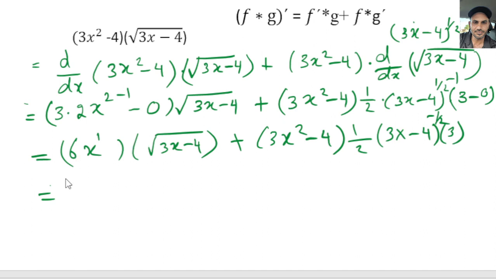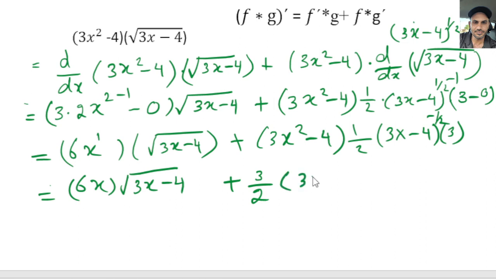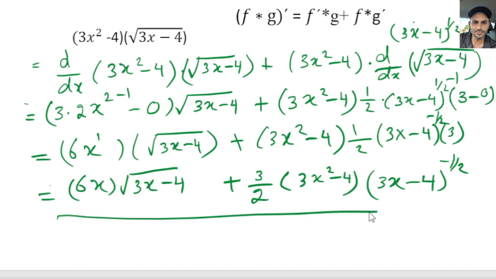You can simplify it a little further if you want to. So I'm just going to make this 6x, and that multiplies with the square root of 3x minus 4, plus, we can bring this 3 times 1/2, 3/2 to the front. So we have 3x squared minus 4. And then we have this term right here, 3x minus 4 to the negative 1/2. Okay, so this is our final answer for this example.